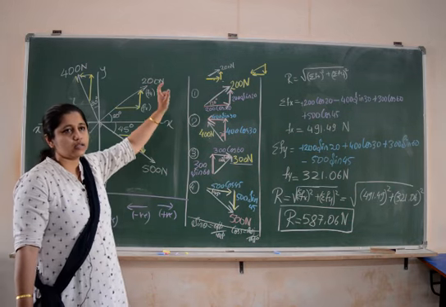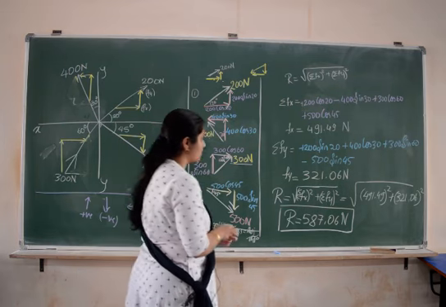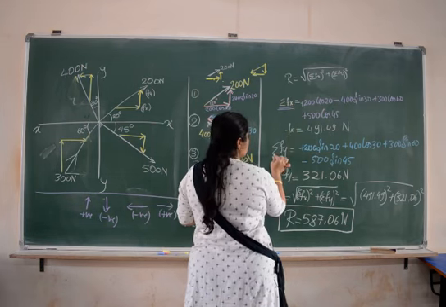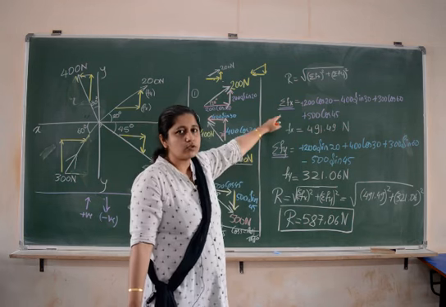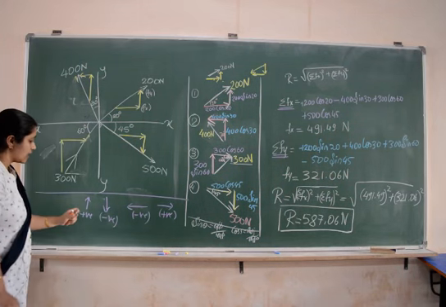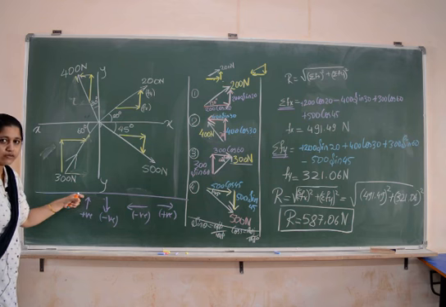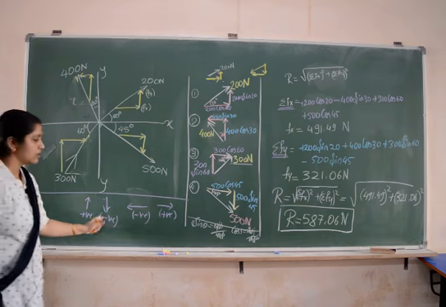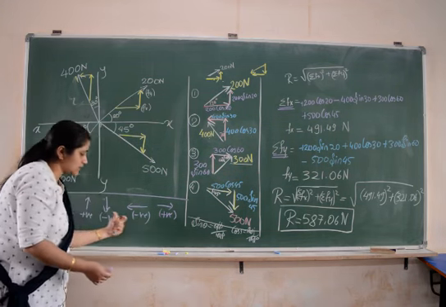So, with this step, I have resolved whatever was the given force into the x component and the y component. Next, we have to find the summation of Fx and summation of Fy. When I come to this step, the sign convention is very important. I have assumed the upward force is positive, downward force negative, right hand side positive and the left hand side negative.